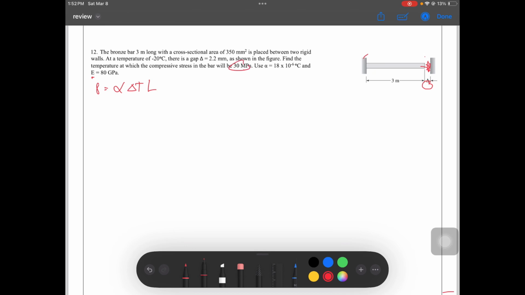Kailan mangyayari yun? Kapag mas mahaba ang bar natin kesa sa 3 meters plus this delta. So, pag mas mahaba siya kesa sa length na to, nako-compress, dun lang magkakaroon ng compression sa bar natin. So, ibig sabihin, kailangan natin i-increase ang temperature.